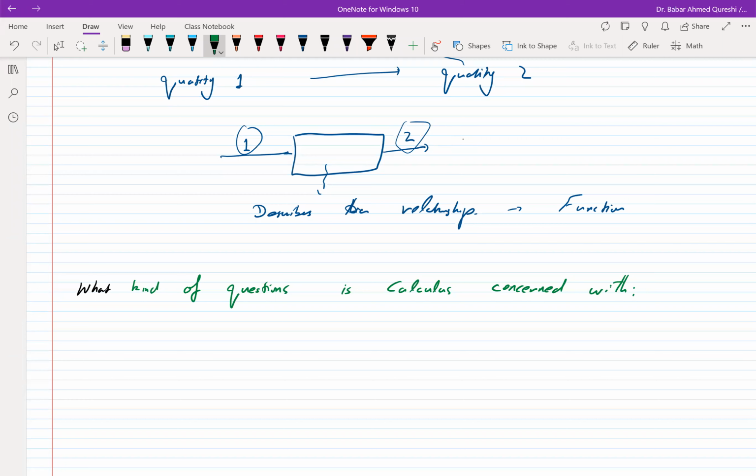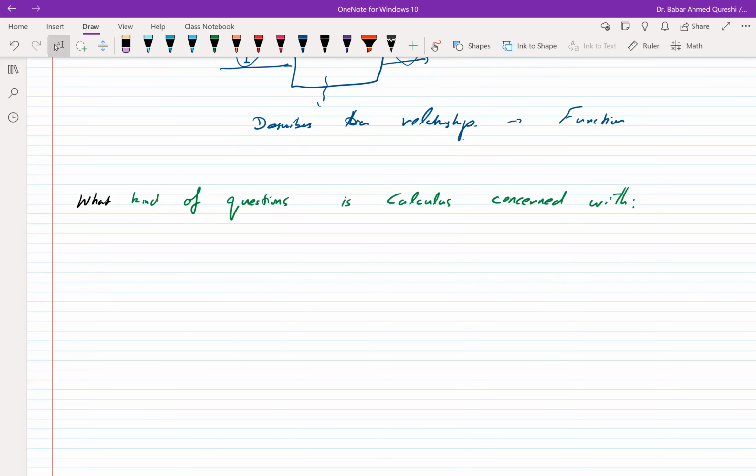The main question which calculus deals with can be described in terms of motion. You should think of it as a metaphor. Motion is a good metaphor to interpret the things we do in calculus.